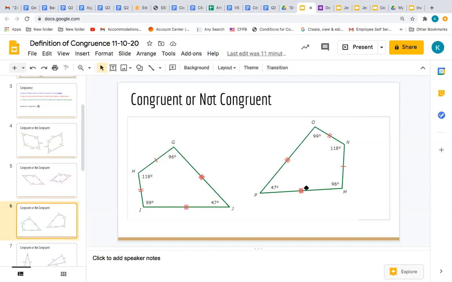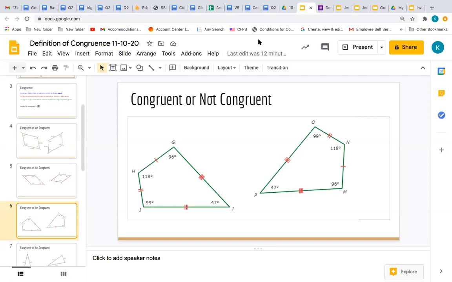Let's see, are these two figures congruent? You want to try and let me know, or try to look at it and visualize it.